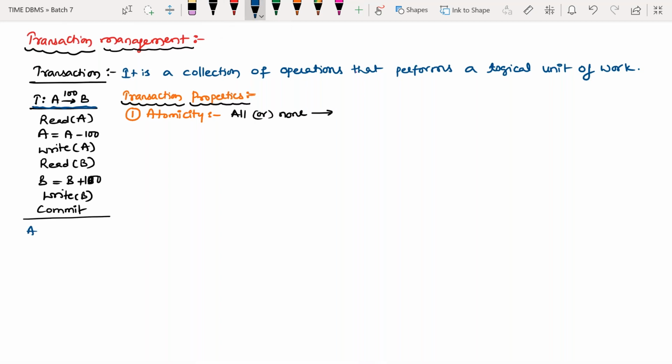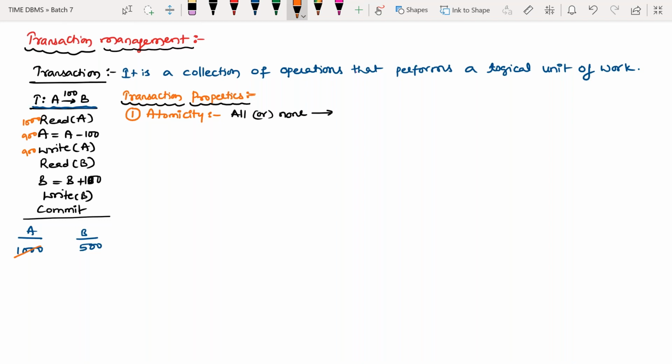Suppose the balance of account A is 1000 and the balance of account B is 500. Assume a case. When this transaction is executed, first it will read the balance of A, that is 1000 minus 100, 900, and write 900 to the disk.